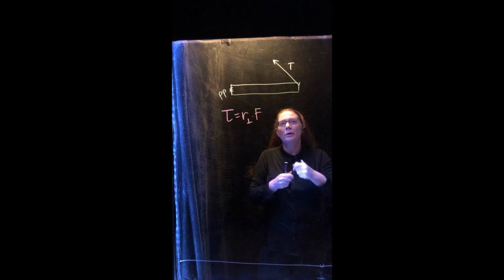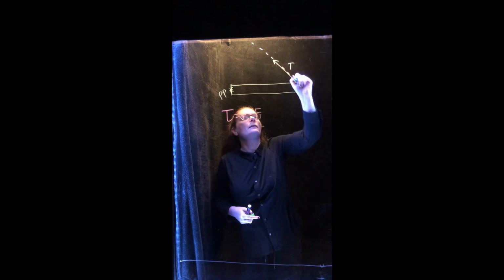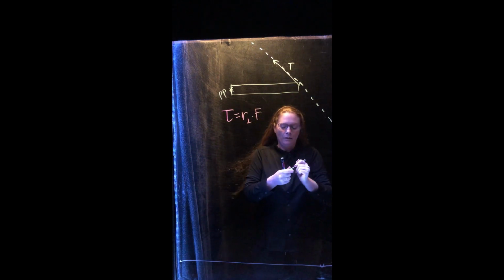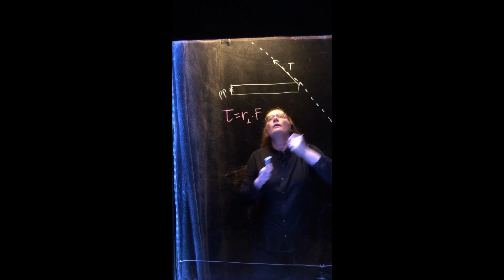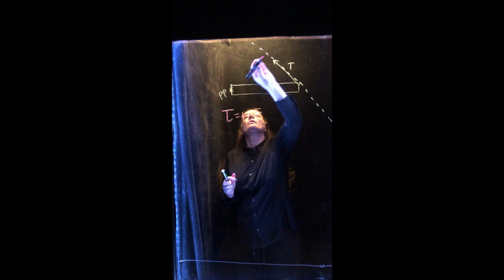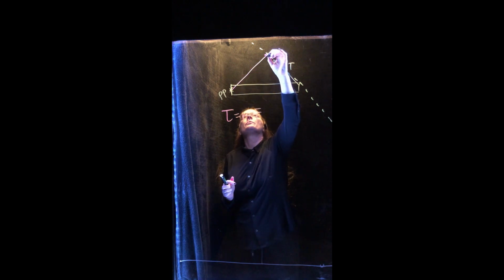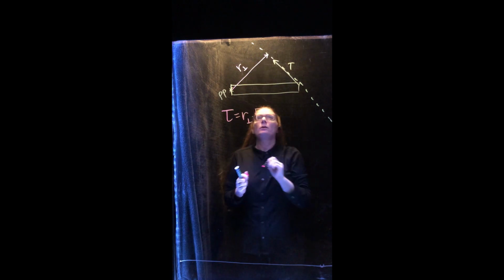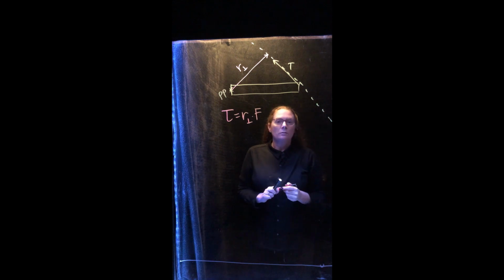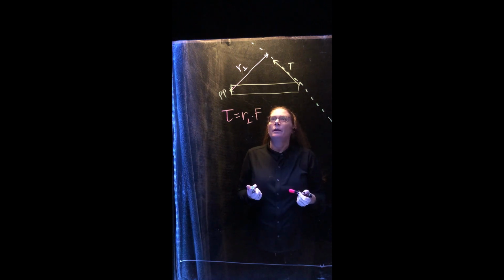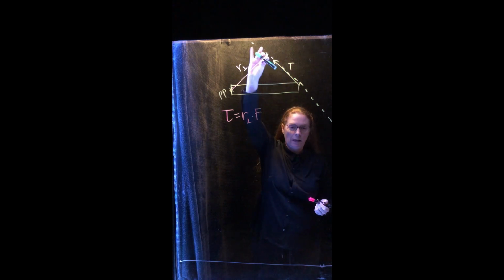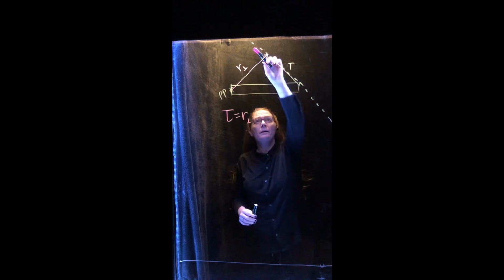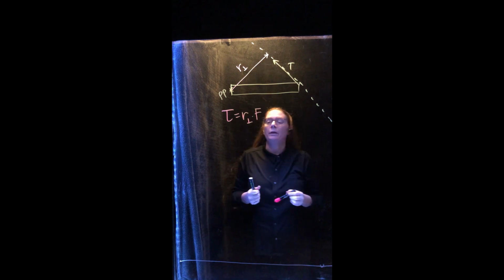If the force is acting on a line like this, the perpendicular distance would be about there, R perpendicular. That would be perpendicular to the line of the force. The force acts along this line, and we draw that R perpendicular.